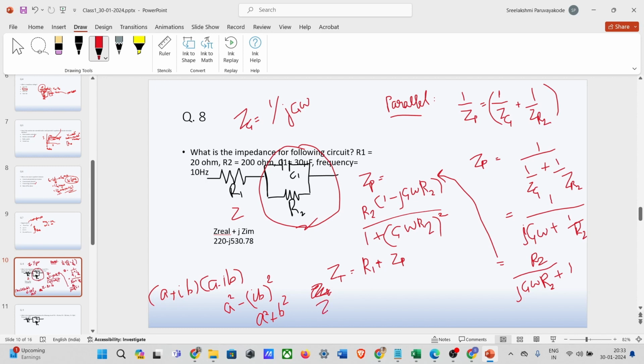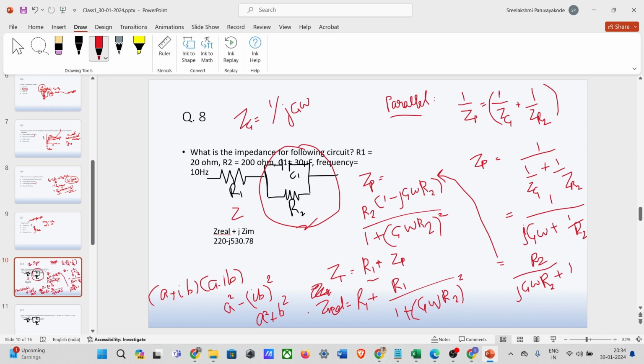So now you know the real part is nothing but, I'm writing Z real as, you'll have, so this one R1 is having only real part, so that will come as R1 plus, you see it is R2 into 1 minus j C1 omega R2, where only the 1 is what you can take, because the other one is for the imaginary, R2 by the same denominator, 1 plus C1 omega R2, the whole square.